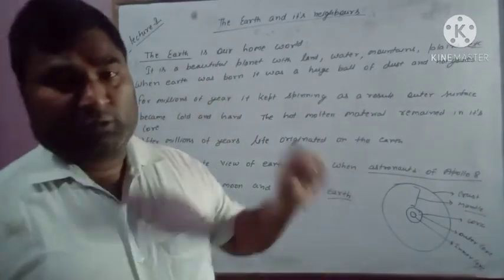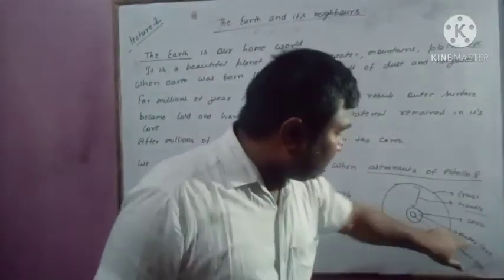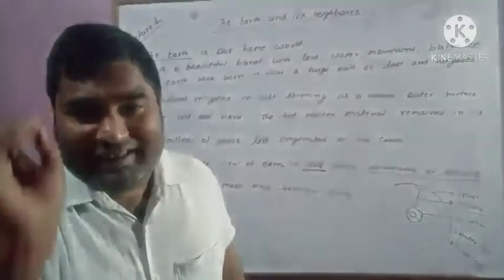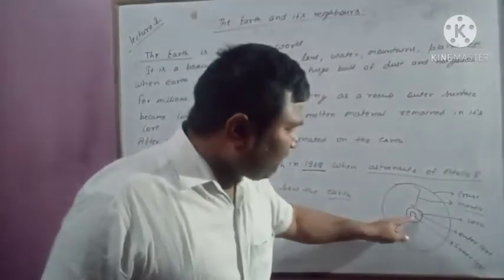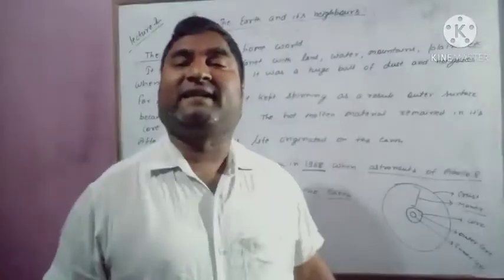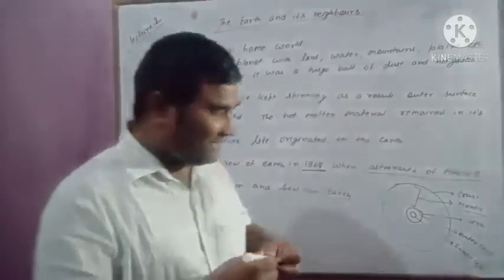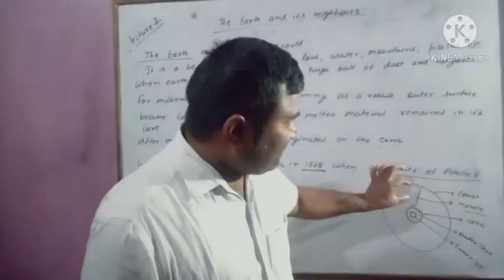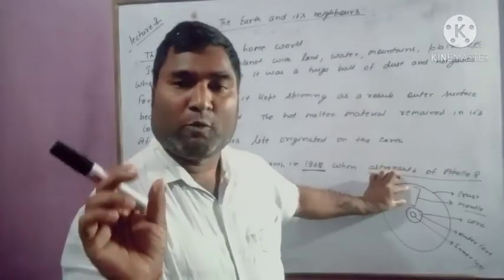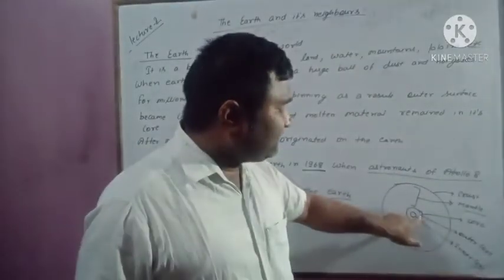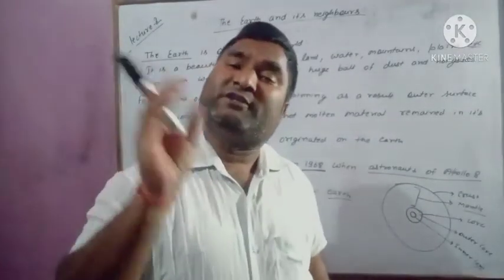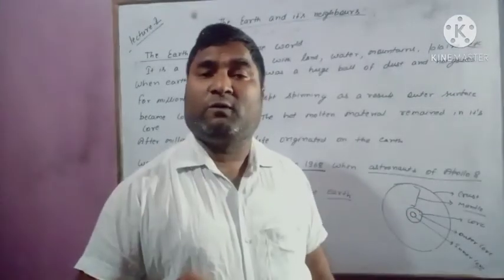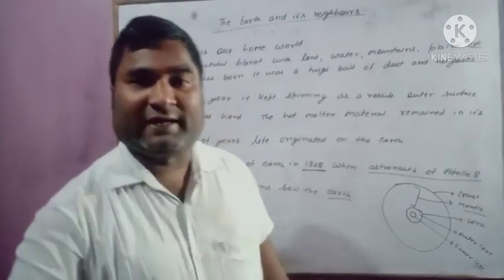Okay, so the outer core is liquid and the inner core at the center is solid. So what I am saying here, this crust is solid, this mantle is in the molten liquid condition, this outer core is also in the liquid condition, but at the center inner core is in solid condition.